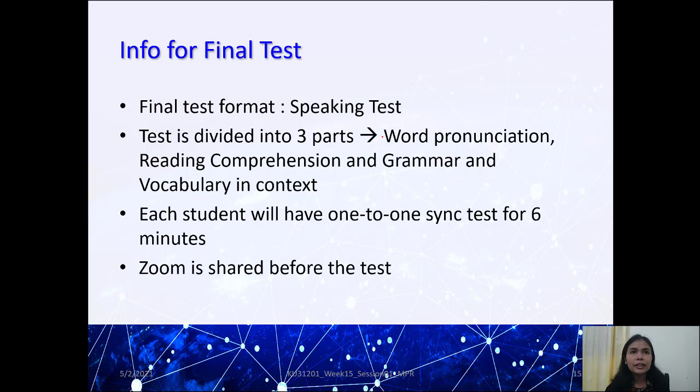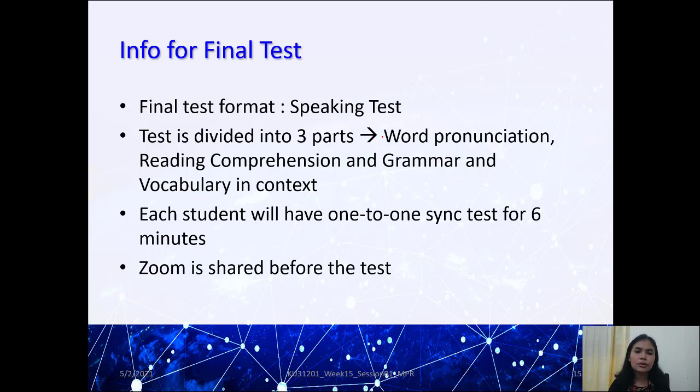So that will be our last material for this week and for this semester. The last thing that I'm going to explain to you is our final test. I think I have mentioned quite often in our synchronous meetings that our final test format will be in the form of a speaking test. It will be divided into 3 parts: word pronunciation, reading comprehension, and then grammar and vocabulary in context.